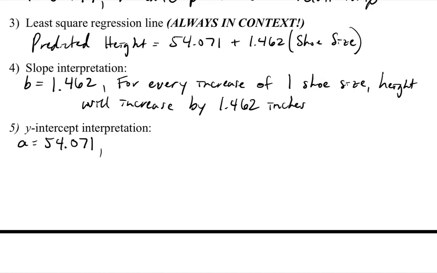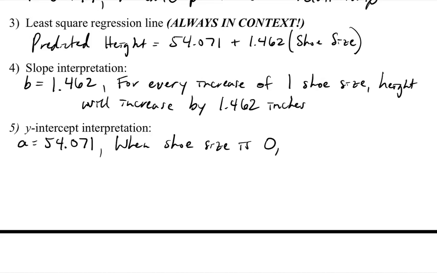Okay. Y-intercept, any Y-intercept is when X is 0. That's the number. So when shoe size is 0, exactly. So we'll talk about that. Let me just write it down, but we'll talk about the context.